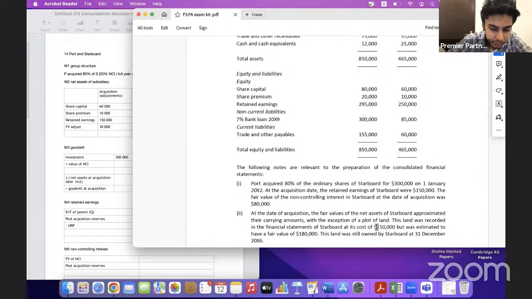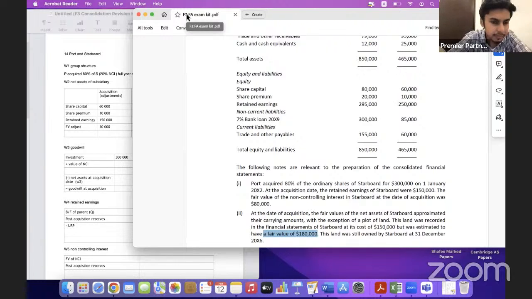So its land is 150, but the estimated market value is 180. That means 30,000 more we can include. That's what we call a fair value adjustment, where the non-current asset value is higher than what's shown, based on the market.